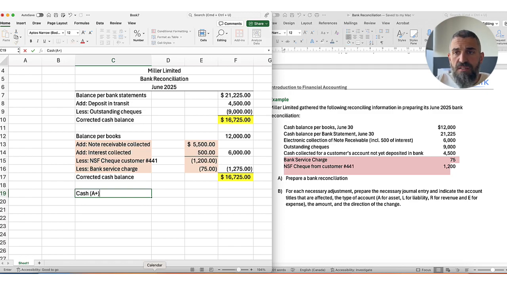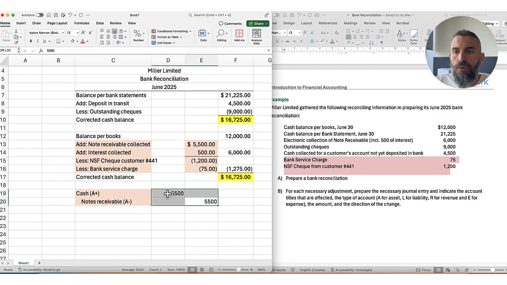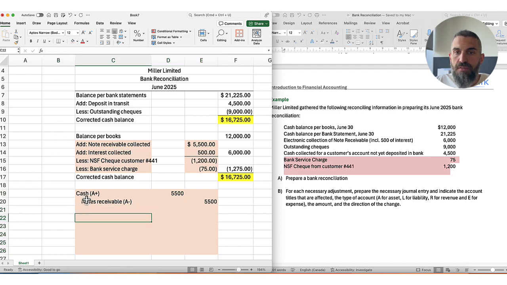So this is an asset that's increasing by $5,500, and you credit the note receivable. This is an asset decreasing by $5,500. What I'm saying is that the actual recording portion of a bank rec is not any different than any of the other recording you've done so far this semester.